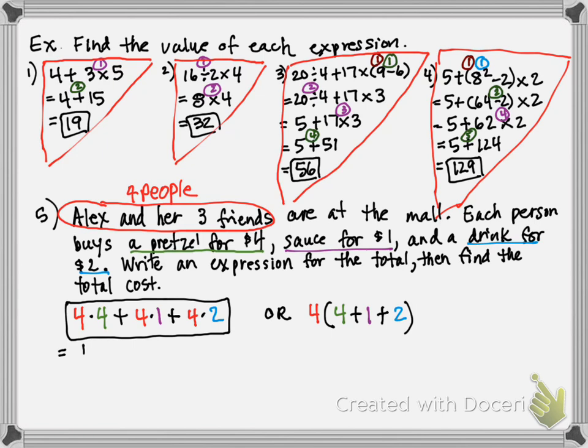I can do 4 times 4 is 16. Plus, I can do 4 times 1 is 4. Plus, I can do 4 times 2 is 8. So then I just keep adding, and the next thing I'm going to add is the 16 and the 4, because it's whatever comes up first between left and right. And then I get 20 plus 8 is 28.